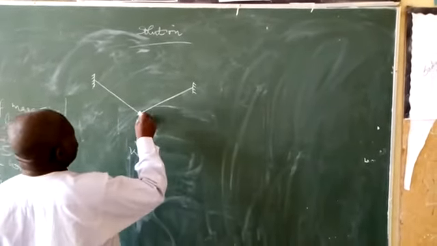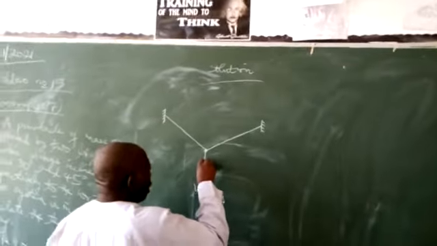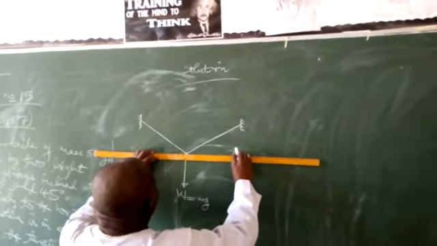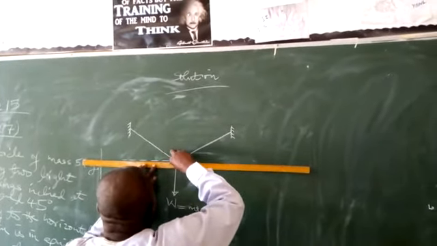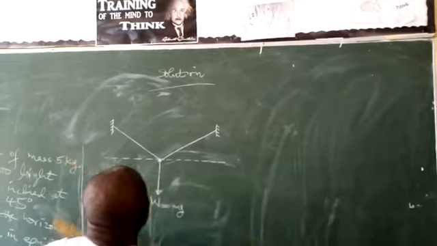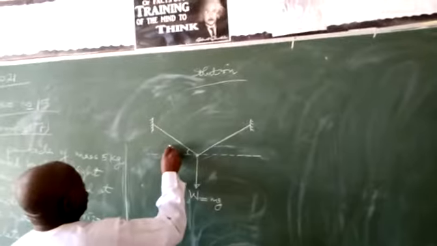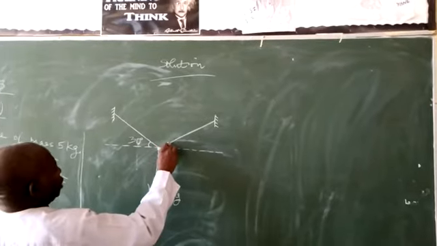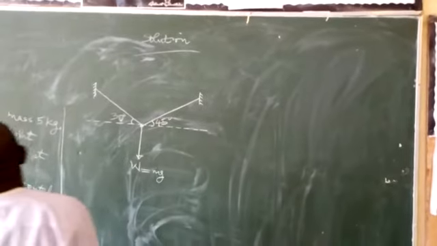Then the two ends of the strings are attached to the particle, with the weight acting vertically downward. We are told that these strings make angles of 30 degrees and 45 degrees to the horizontal, according to the question.